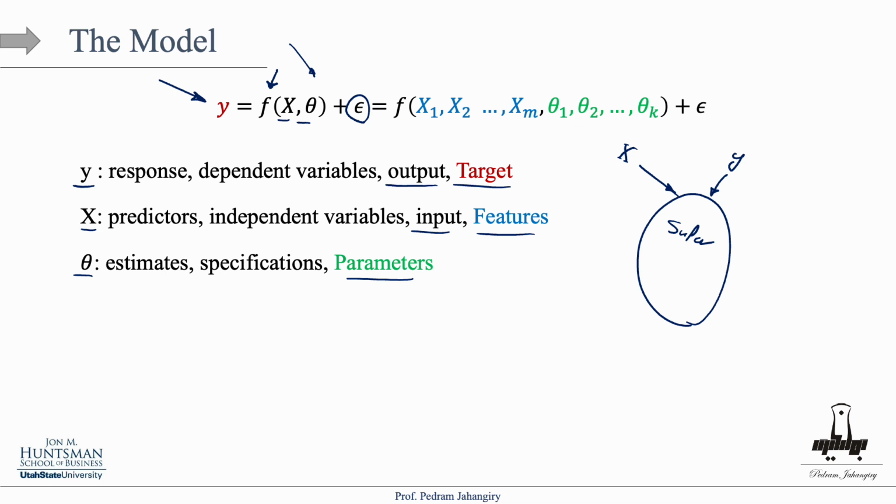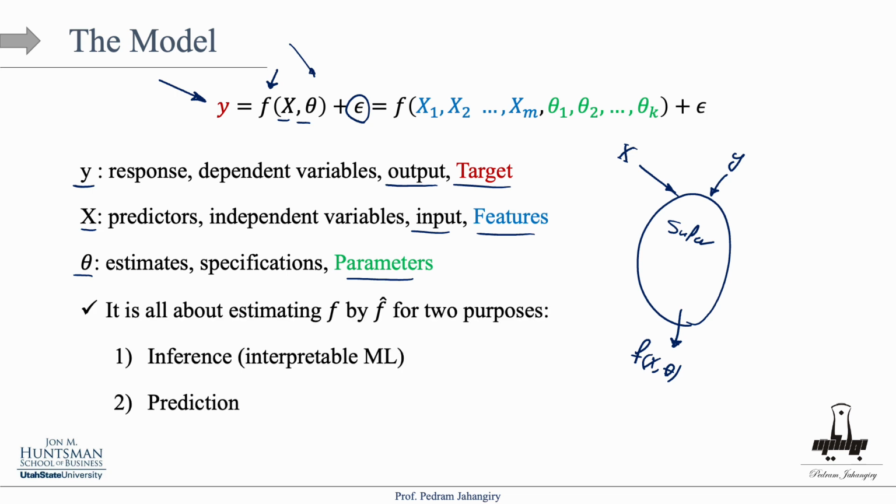And the machine is going to learn the pattern by quantifying this f of x and theta, you can think. So it's all about estimating that f, that unobserved relationship between variables, unobserved pattern between variables, by f hat, right? So basically, the machine is going to learn by estimating this f hat, right? And it's going to do that for 2 purposes.